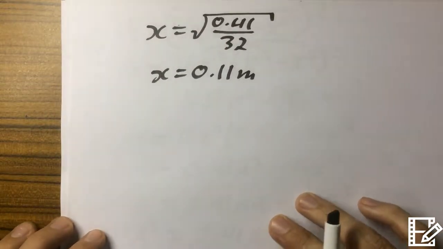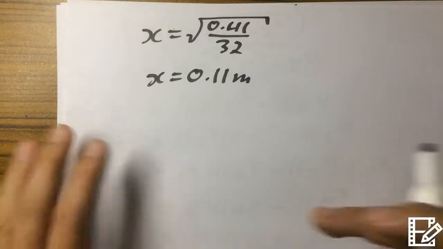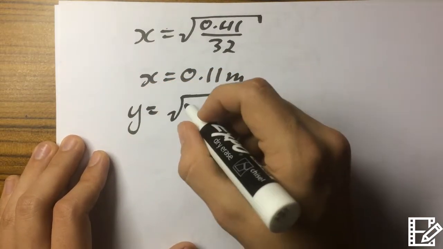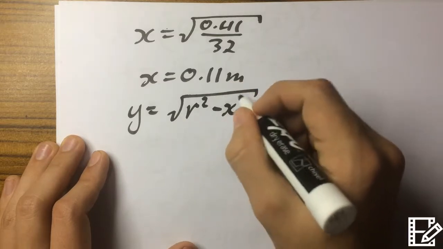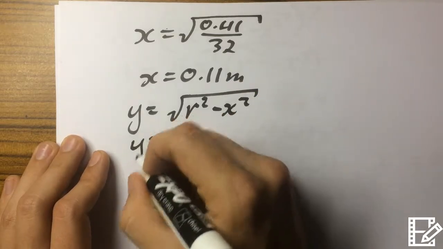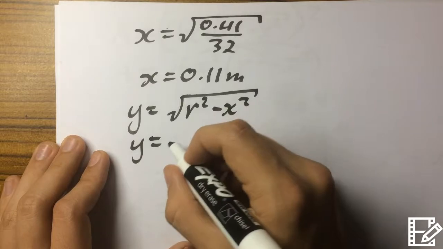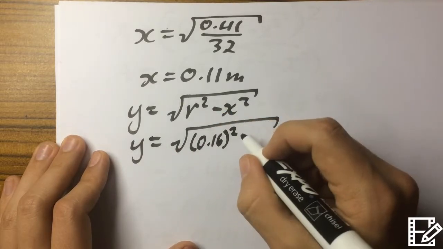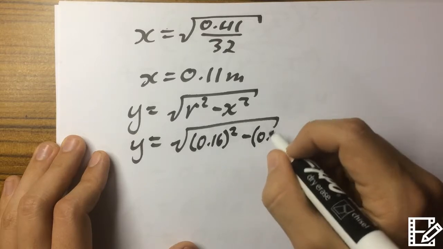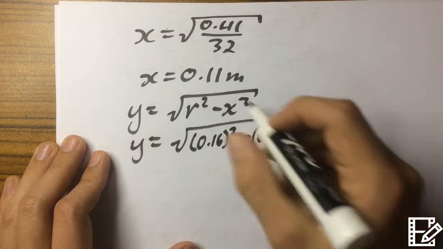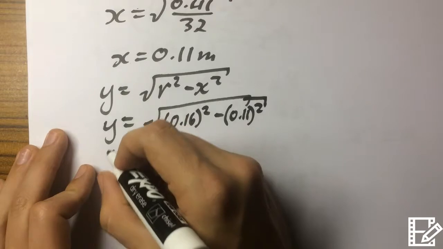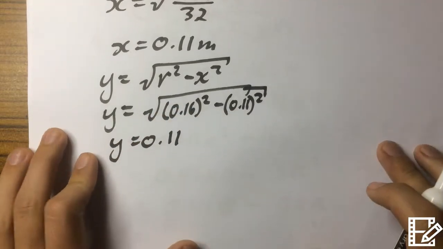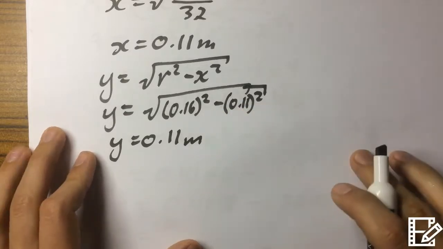Okay, and before, when we had that equation of y is equal to the square root of r squared minus x squared, well, y is equal, if you sub those values in, of 0.16 for the radius, square that, minus 0.11 squared, which is the x value, y ends up being 0.11 meters.